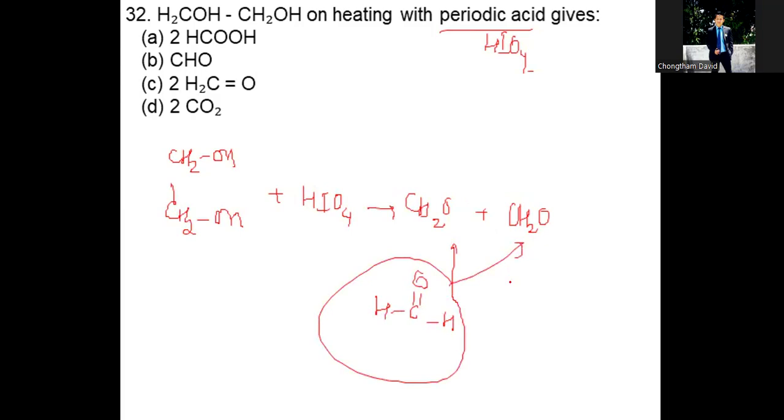So remember, 1,2-diols when treated with aqueous solution of periodic acid give aldehyde. Remember, primary alcohol gives aldehyde, which is formaldehyde. Since in glycol both the OH groups are primary, hence it gives two molecules of formaldehyde as byproduct.